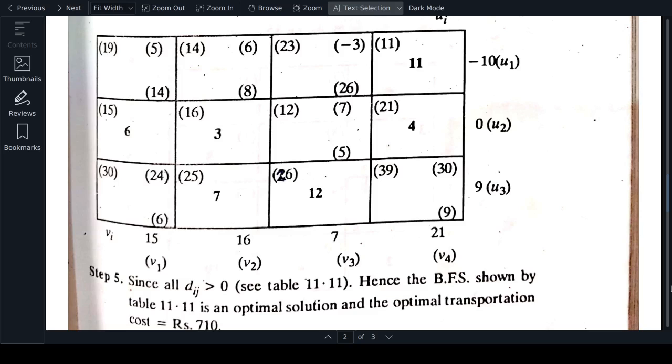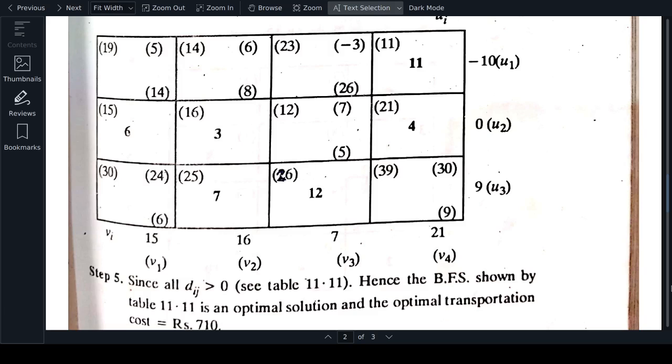means what? Source 1 means M1, destination is what? Destination is where allocation is present, these are called the destinations. So where allocation is present, C14. So here source 1 transports how many units? 11 units to destination 4.